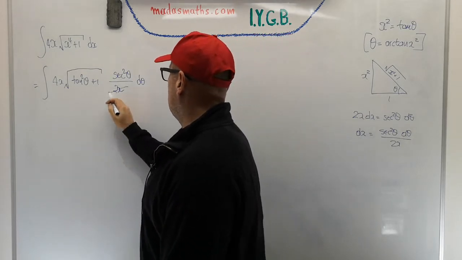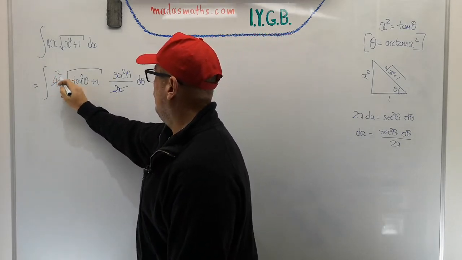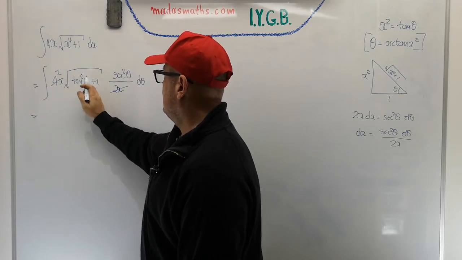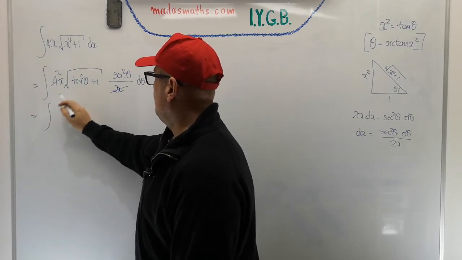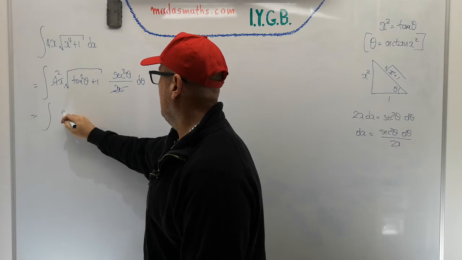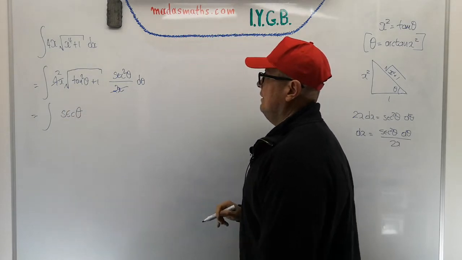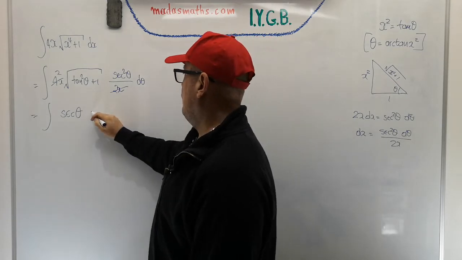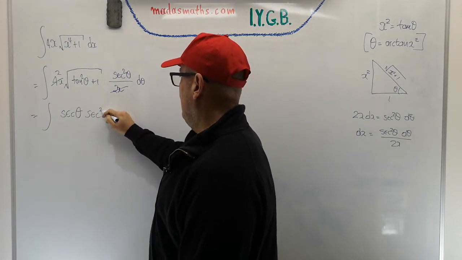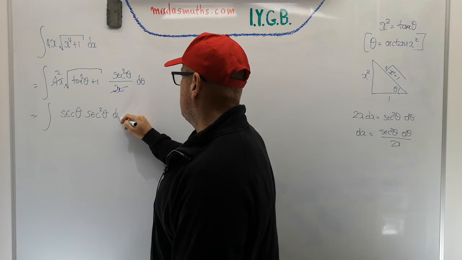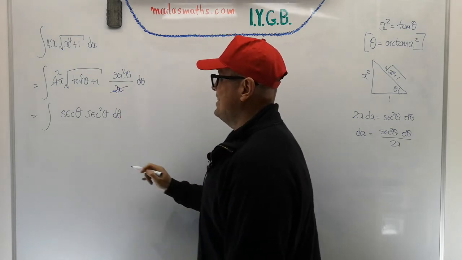First of all, this 2x will make that into a 2, and this is an identity, which of course is a sec of theta, oh no, and another sec squared. I said oh no because this is not a nice integral to do.